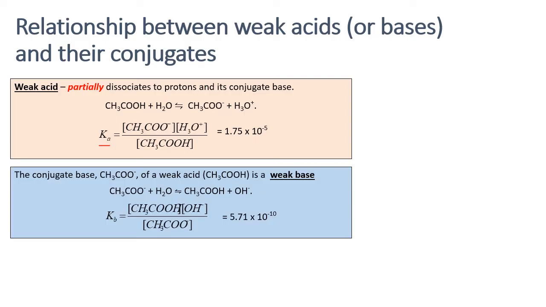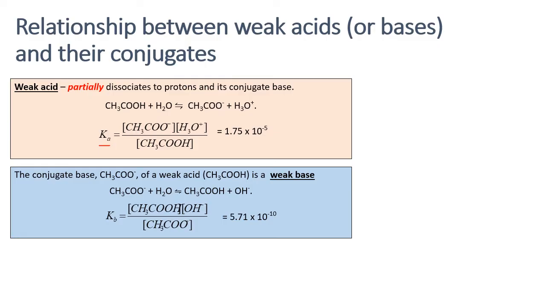For the conjugate base of acetic acid, which is the acetate ion, its dissociation looks like this. It produces hydroxide ions when dissociated in water. So the base dissociation constant, again, you can find by the concentration of the products divided by the reactant.